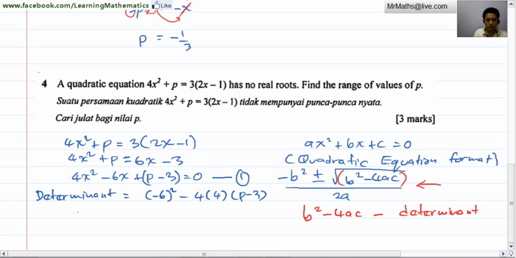This determinant has to be less than 0 for it to have no real roots. Let's solve this. Minus 6 squared is 36, minus 16 times p minus 3, less than 0. Then 36 minus 16p plus 16 times 3 is, you can use your own calculator, 48.